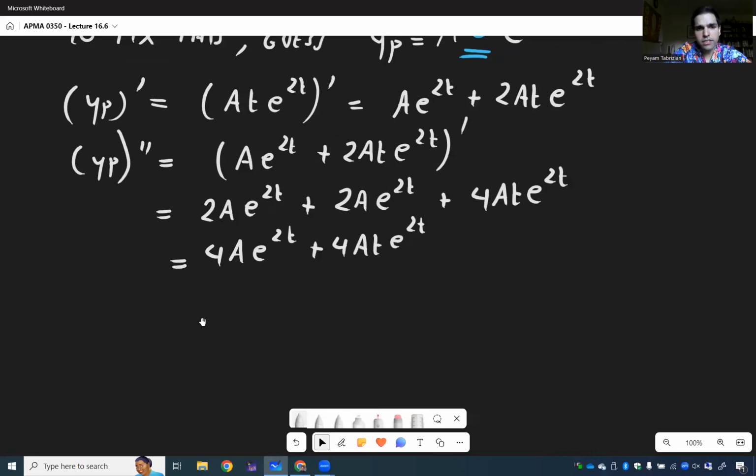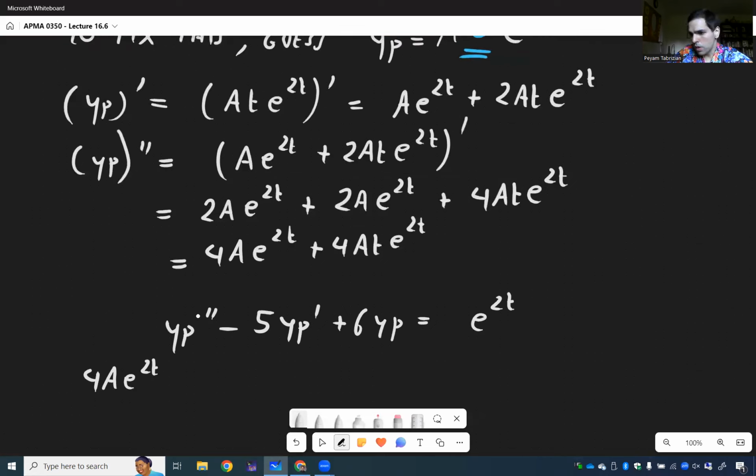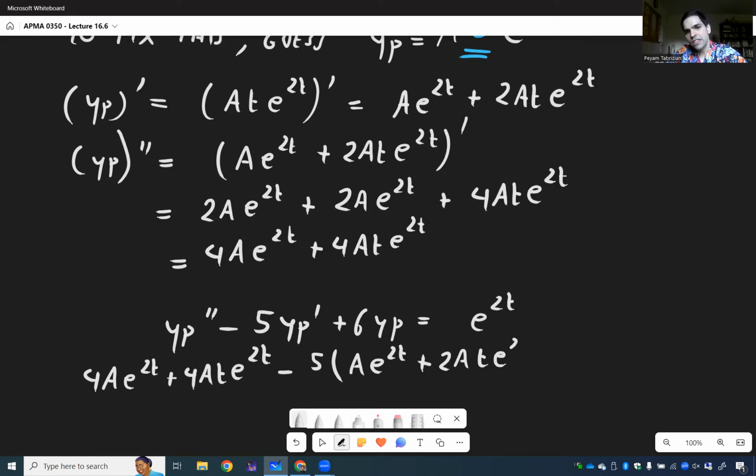And then we can plug this into the equation. So yp double prime minus 5yp prime plus 6yp equals e to the 2t. So we get 4a e to the 2t plus 4a t e to the 2t, minus 5 times a e to the 2t plus 2a t e to the 2t, plus 6a t e to the 2t equals e to the 2t.